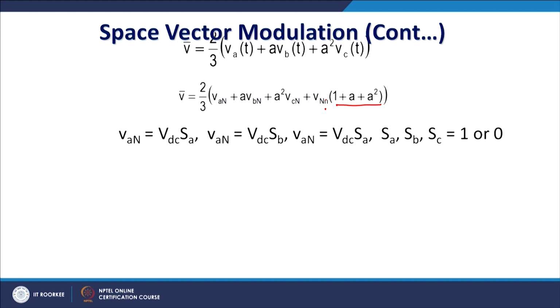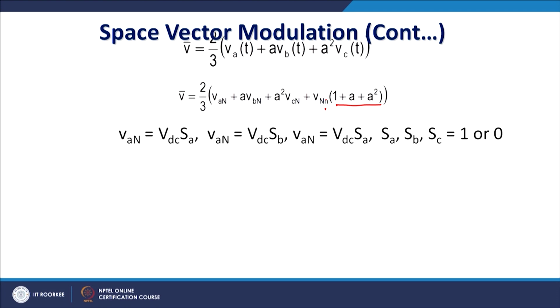So we can strictly say that VAN is basically VDC times the time that the switch SA is on or off.